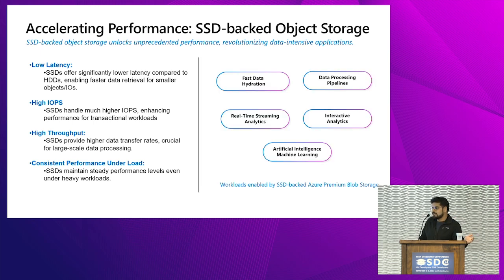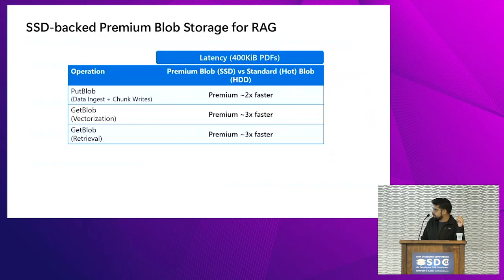And this has enabled some very interesting applications, not just AI, but data hydration for ingestion, data processing pipelines, integration with analytic engines, real-time streaming analytics, or even artificial intelligence or machine learning. SSD-backed storage gives you the consistent low latency performance that is demanded of object storage for these applications.